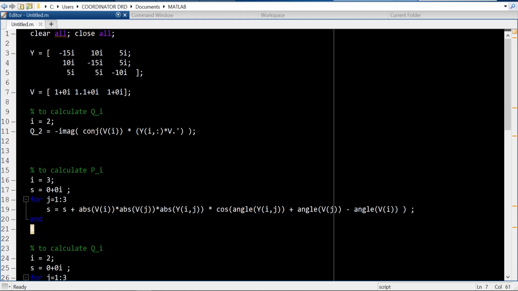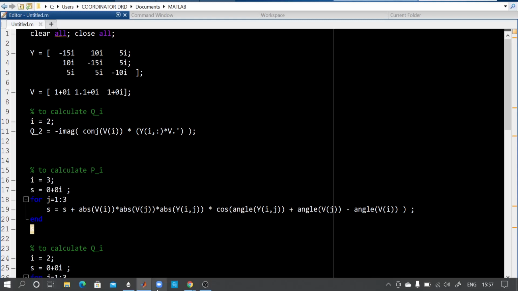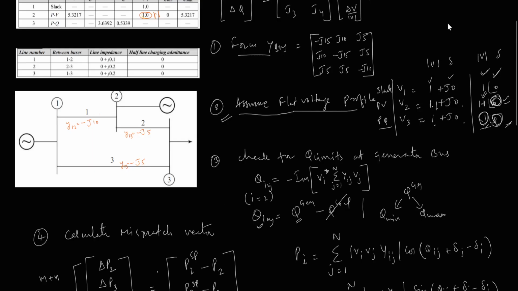This is equal to minus the imaginary part of, inside the brackets, the conjugate of Vi, which with I equals 2 is V2 conjugate, times the summation. I have written the Y bus row multiplied by the column, that form.